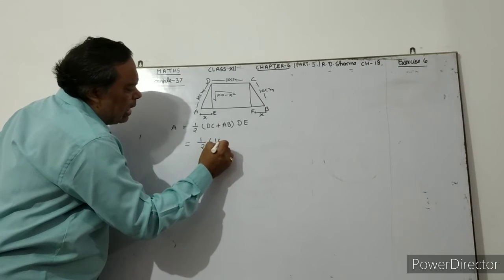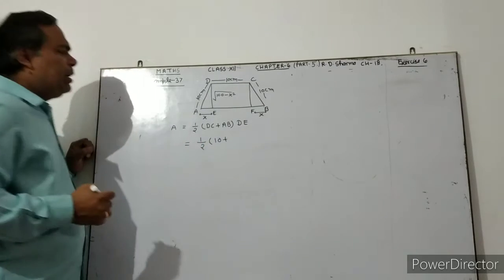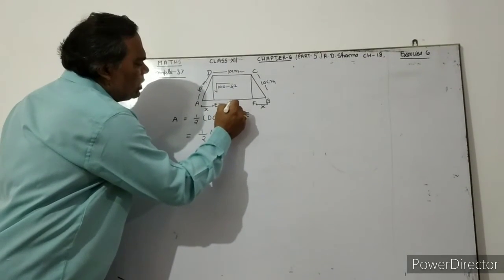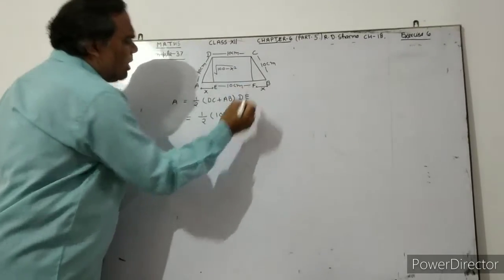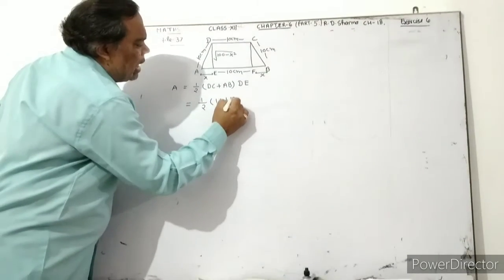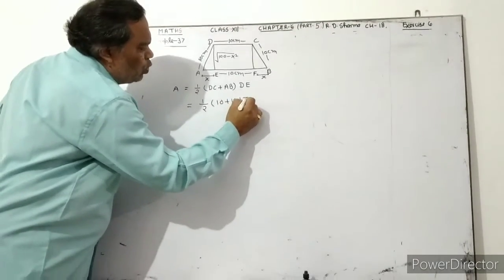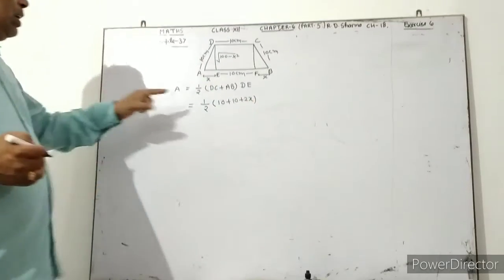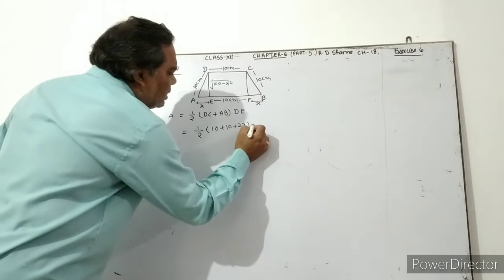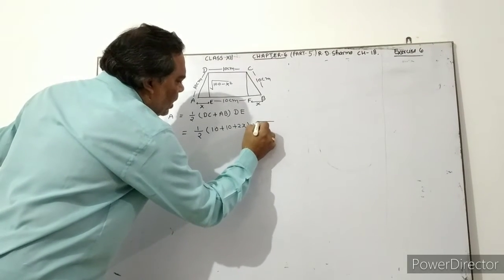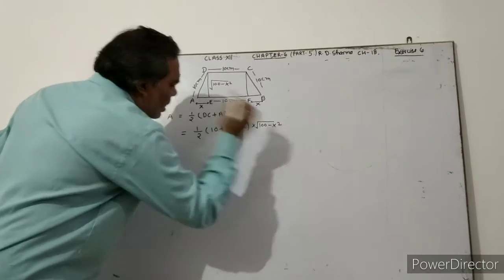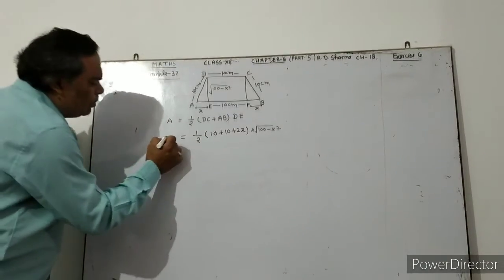What is the DC? 10. What is the AB? This is also 10 centimeter. Half sum of the parallel sides, and this is 10 plus 2x, into height. What is the height? Height is the under root 100 minus x square. Now this is the equation A.